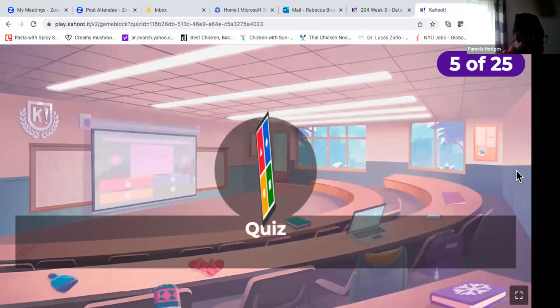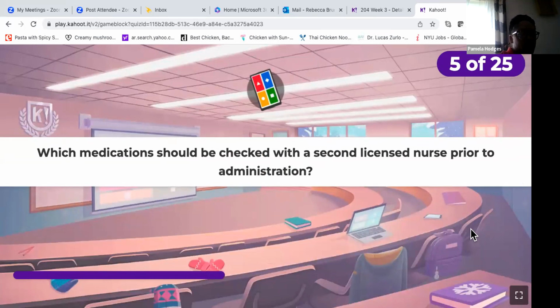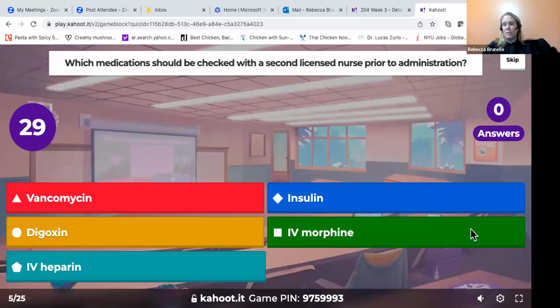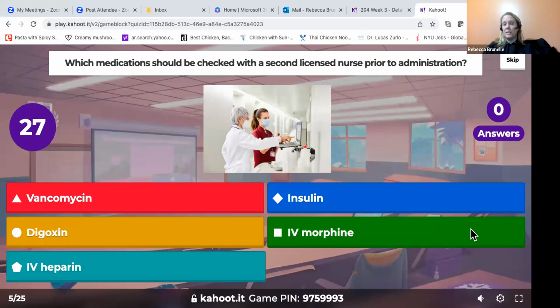All right, so select all that apply. Which medication should be checked with a second licensed nurse prior to administration? Vancomycin, digoxin, IV heparin, insulin, and IV morphine.